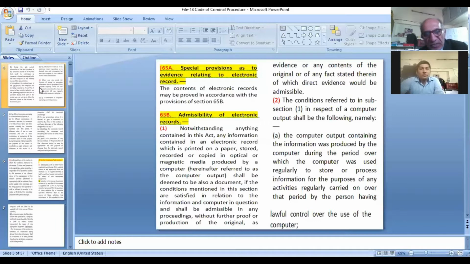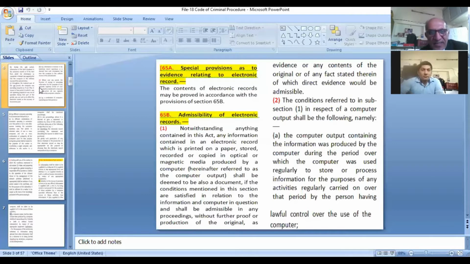Therefore, this document as such will become some sort of a media or a paper. So information printed on a paper will make it a document like any other documents, written script documents.